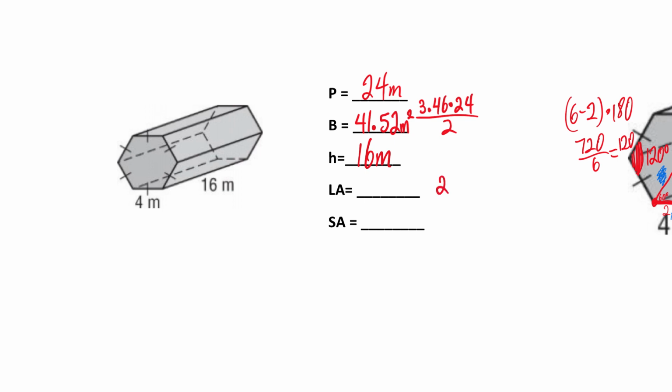So for lateral surface area, we do P times H. Which is what? 384 square meters. And then for total, it's P times H plus 2 times B. And what does that give you?